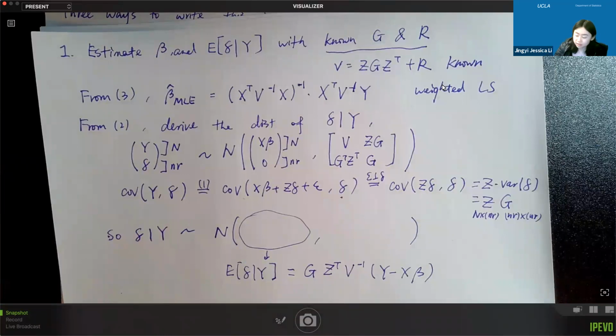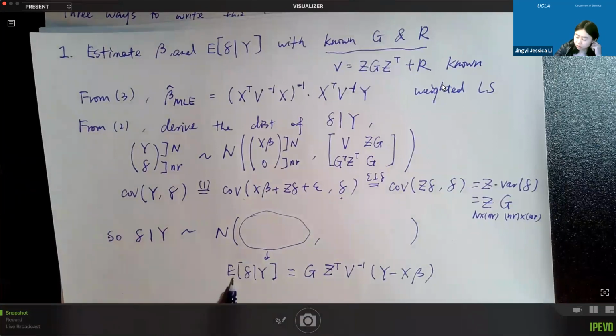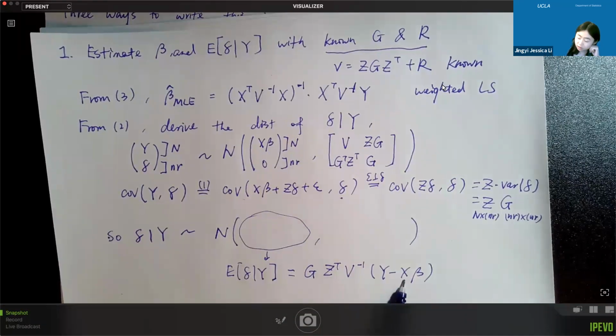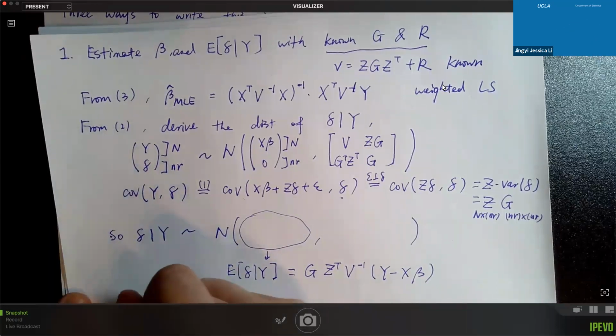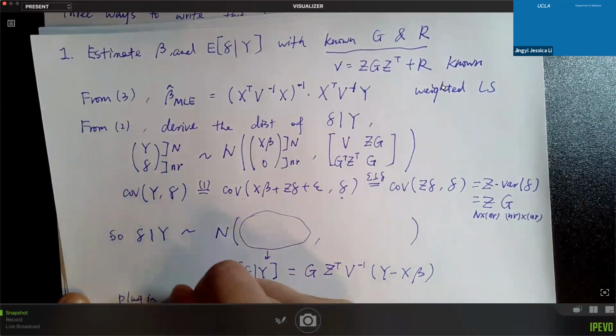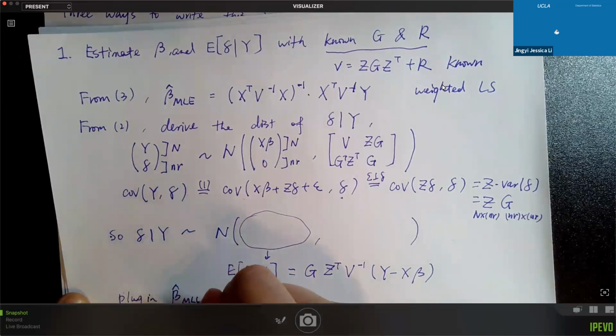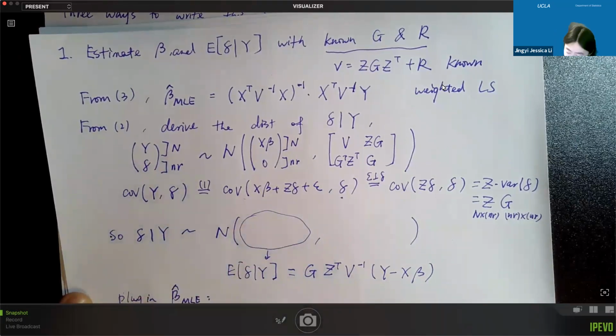But again, this expectation for the posterior involves unknown parameters, right? Here, the only unknown parameter is beta because G is known, V is known. So we just plug in the MLE for beta. We plug in beta hat MLE, and we obtain an estimator for the posterior mean.